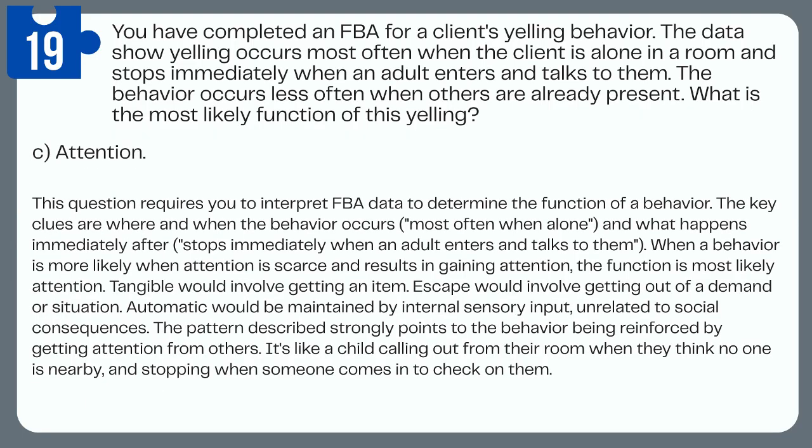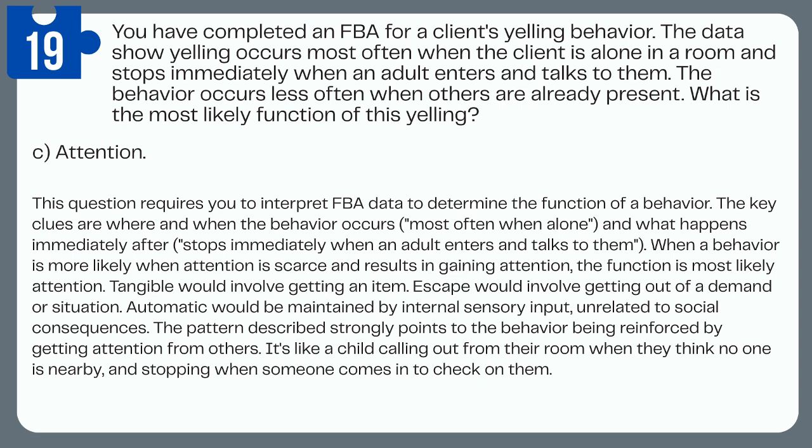Attention. This question requires you to interpret FBA data to determine the function of a behavior. The key clues are where and when the behavior occurs, most often when alone, and what happens immediately after, stops immediately when an adult enters and talks to them. When a behavior is more likely when attention is scarce and results in gaining attention, the function is most likely attention.